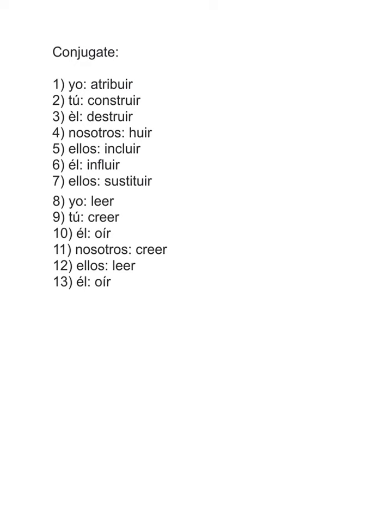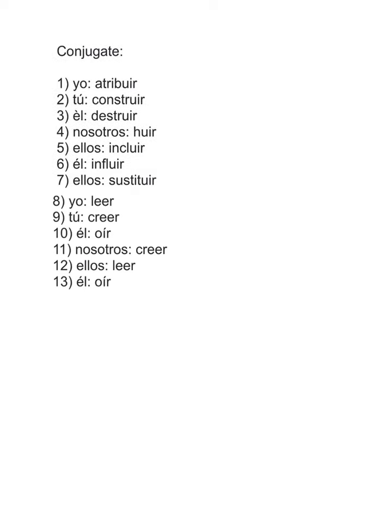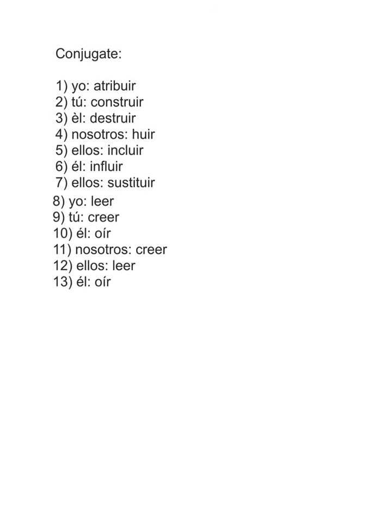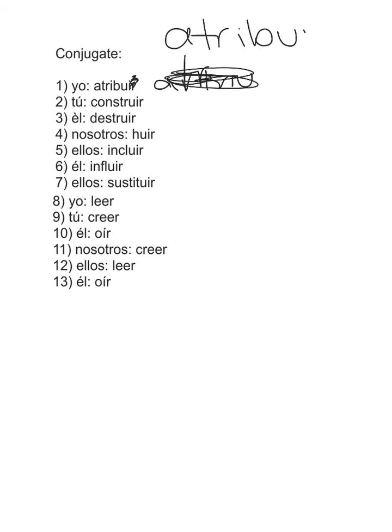So for this first one, atribuir, step one of any conjugation, we're going to drop our ending and add something new. So that IR is going to go away. Oh my goodness. I'm going to write up here. This is just ruined. Atribuí.